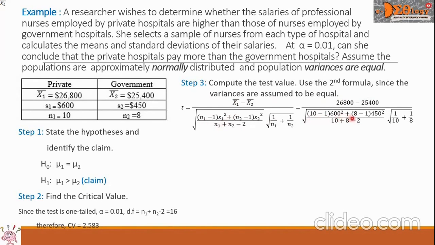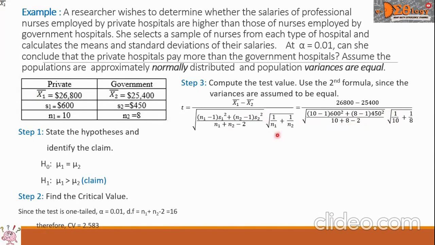Then plus the quantity n sub 2 minus 1, which now becomes 8 minus 1. And the s sub 2 square, that is 450 square. All over n sub 1 plus n sub 2 minus 2, and that is 10 plus 8 minus 2.